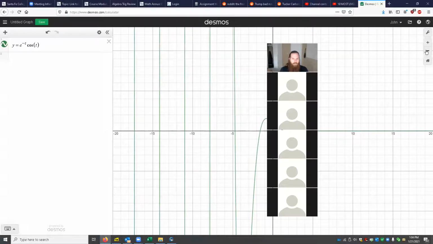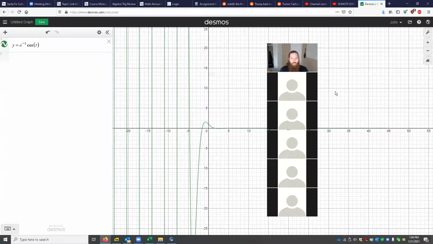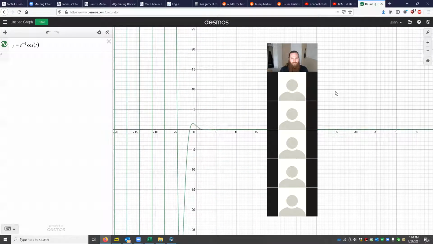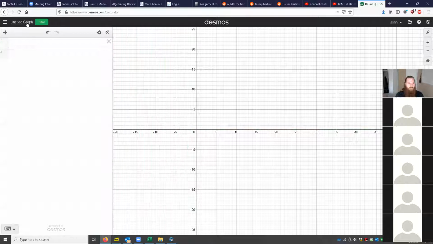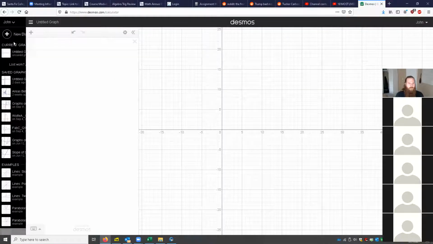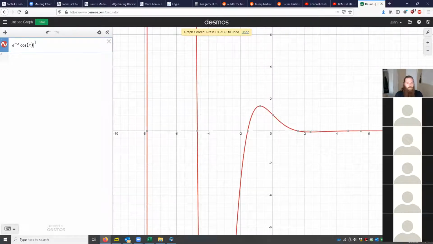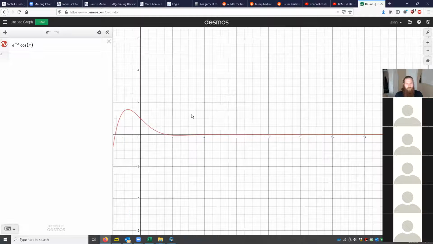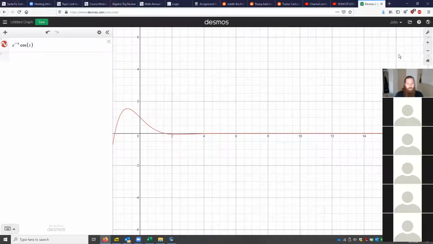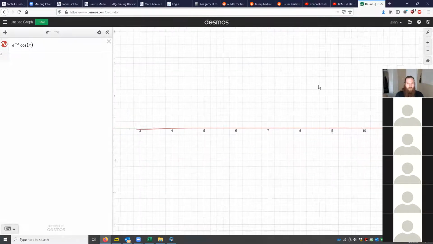There's my vertical scale. Let me show you a simpler example here. I'll get a fresh graph so we don't have to mess with the scale so much. Right? So you see it starting to wobble, but very quickly that wobble gets dampened.